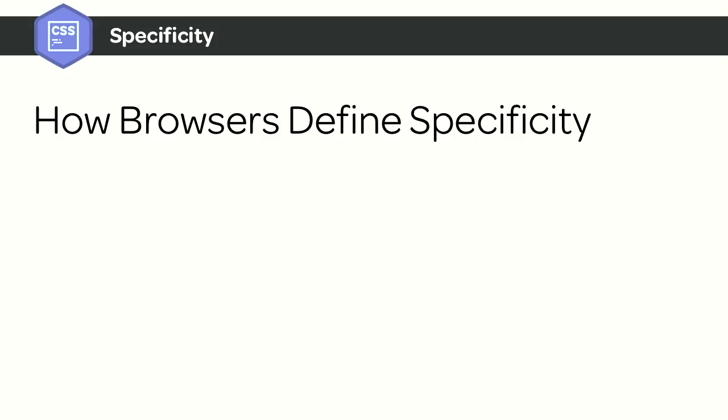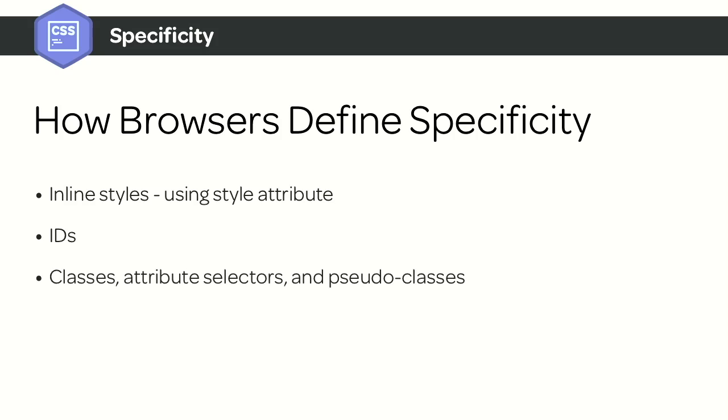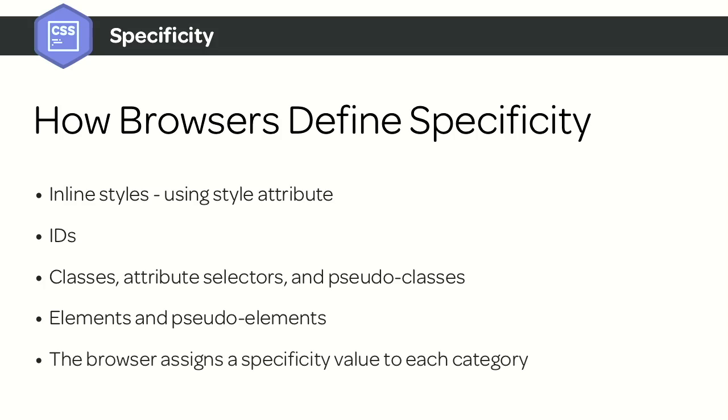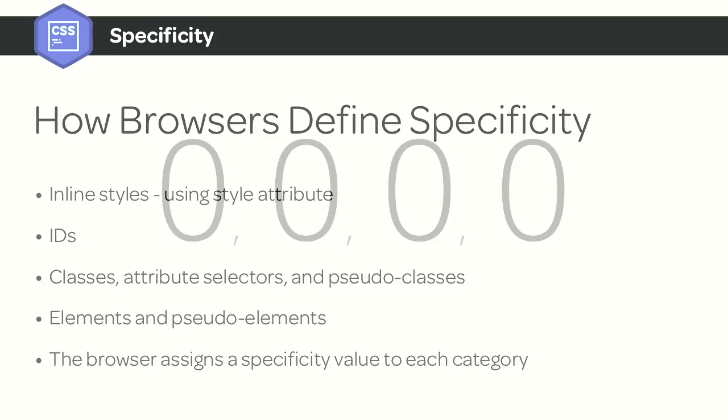So the browser uses 4 categories to define the specificity in a selector. One of those is inline styles, which use that style attribute in elements. The other is IDs. Next, it uses classes, attribute selectors, and pseudo-classes. And finally, elements. The browser then assigns a specificity value to each one of these categories, and we can sort of think of them as points.